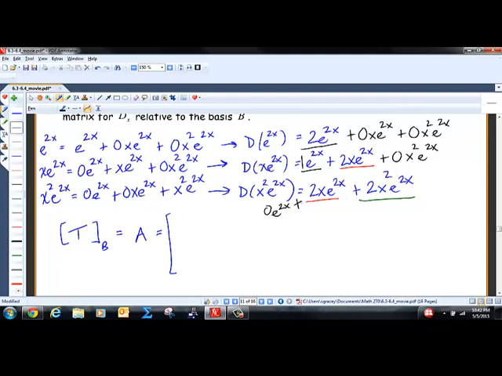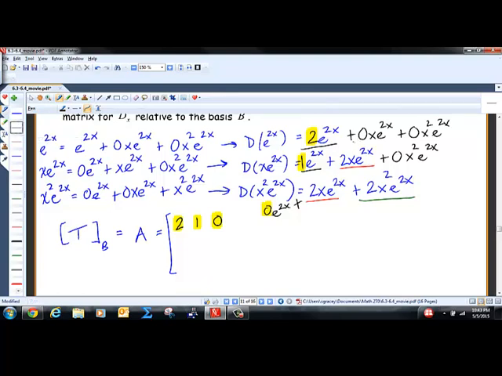If you look here, if we think of the e to the 2x's, and we go across, we'll have 2, 1, 0. So I'm looking at 2, 1, 0. Then, taking the next guy, all right, let's see what we have.